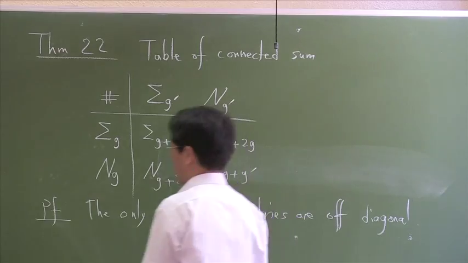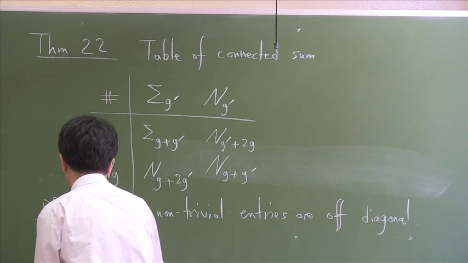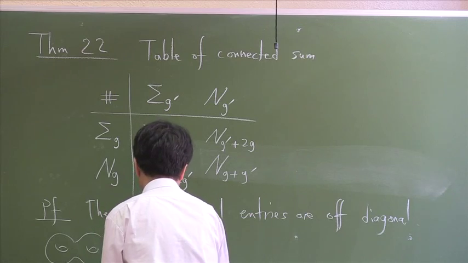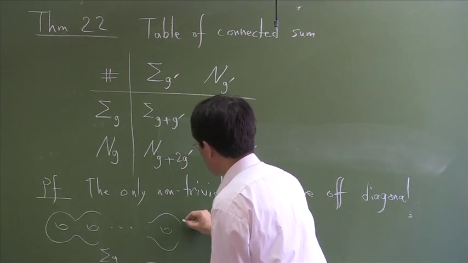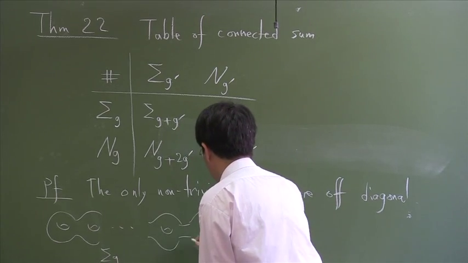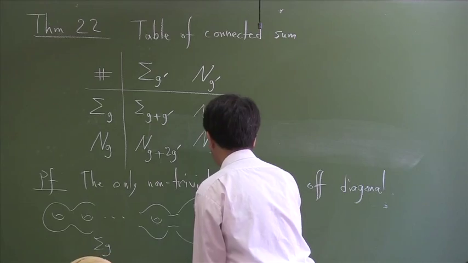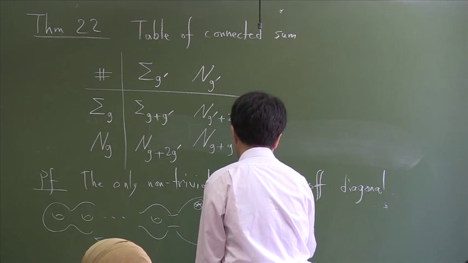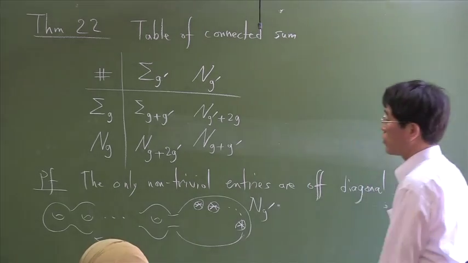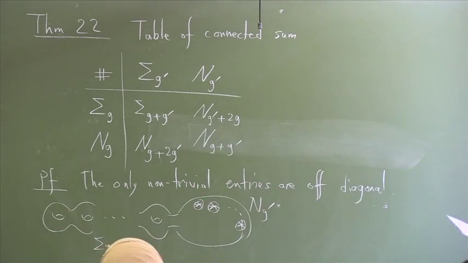So you want to take the connected sum of a surface like this, which is sigma g, and then just connected sum with a surface like this, which is nu g prime. So they are supposed to be g of those handles and g prime of those movie strips.